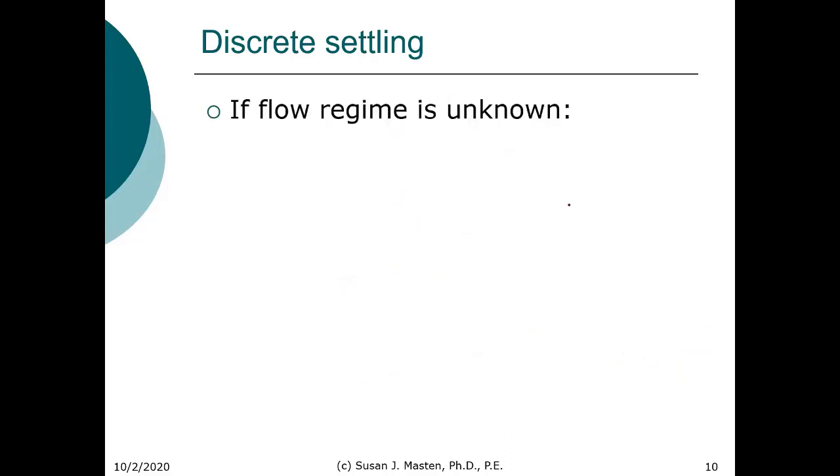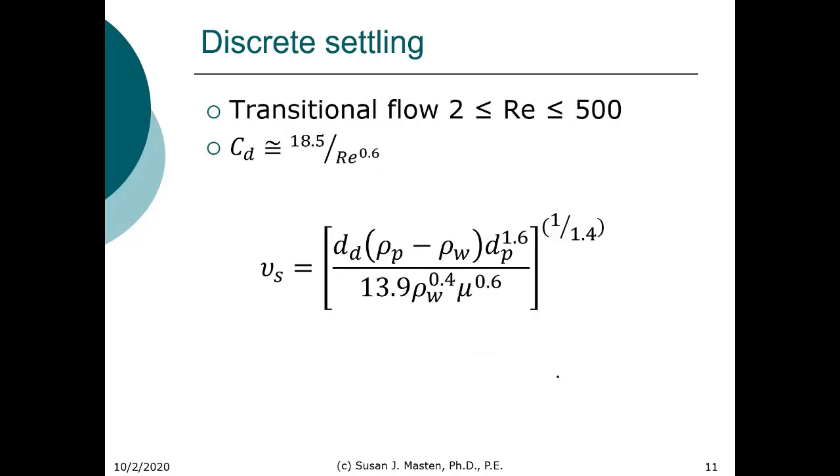If the flow regime is unknown, then we need to use the more accurate equation, which I gave previously. If you're in the transitional flow regime, so you're typically between a Reynolds number of, and I should have changed this to capital R. I tried to change it to the textbook notation.